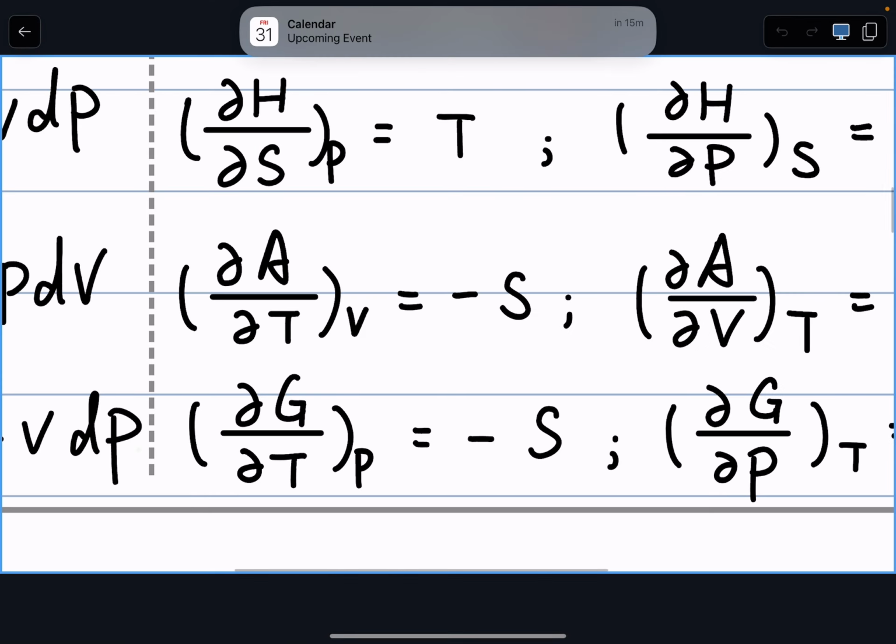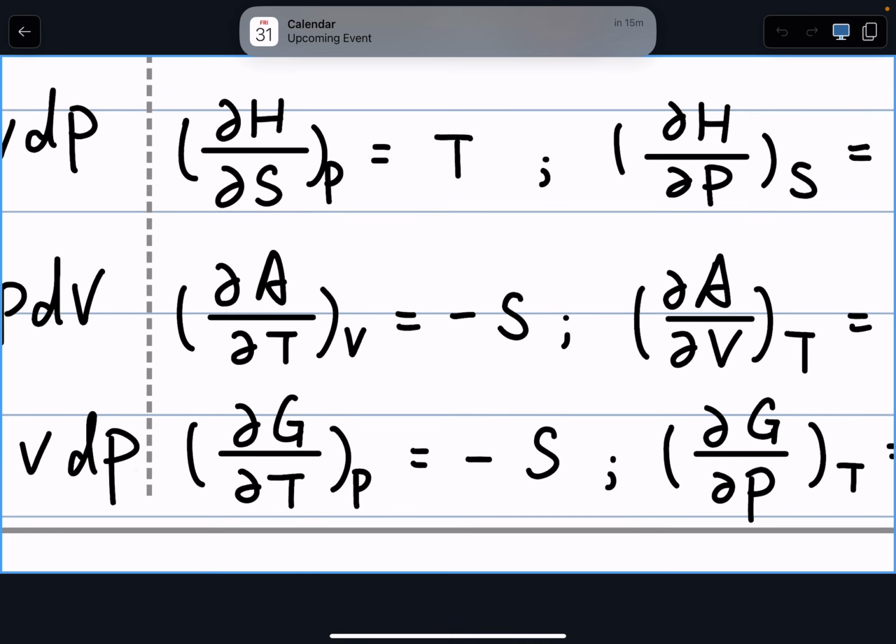What do we know about the temperature, pressure, or volume dependence of a state function? That reminds us to go back to the thermodynamic relations. Now, what do we know about dG over dT at constant P? My dG over dT at constant P is negative S. If this derivation ever happens in the exam, I might hint that you want to think about the Maxwell relations.